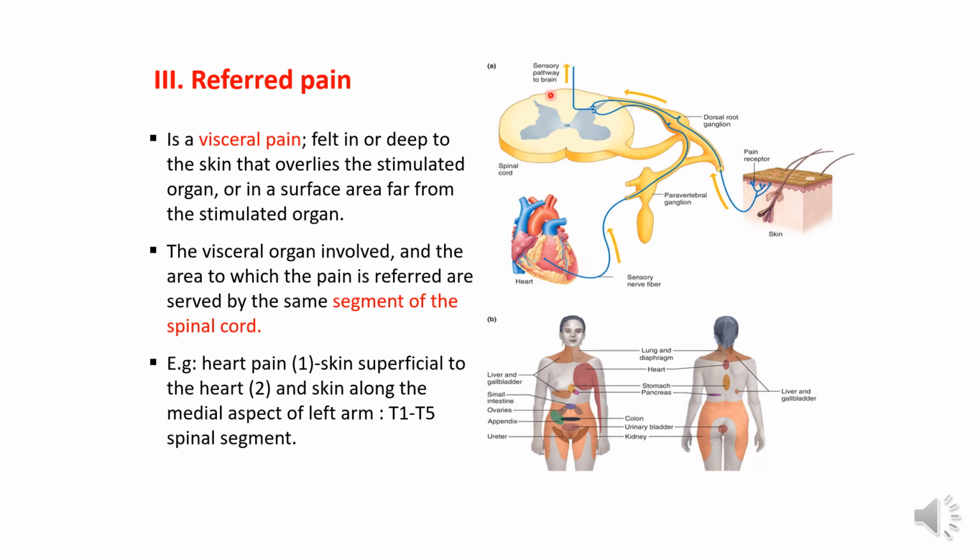For example, the pain coming from the heart, the angina pectoris: the sensory afferent coming from the heart goes to the thoracic 1 to thoracic 4 segments of the spinal cord. So when this segment sends information to the cerebral cortex, it gives the sensation to the area supplied by thoracic 1 to thoracic 4 or 5 in the skin. This is known as the convergence projection theory.